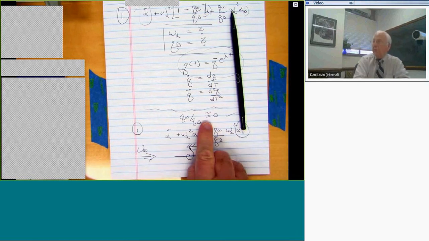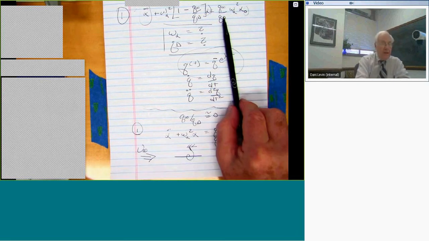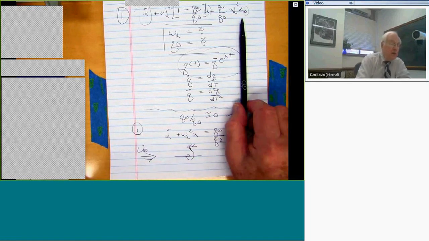That's why I made this almost 0, but not quite. If I set Q infinity over Q divergence equal to 0, I'm throwing away more than I want to, because I do want to account for the fact that there is an alpha naught. So you have to make a judgment sometimes when you have equations as to what you keep and what you throw away. It depends on what you're after.